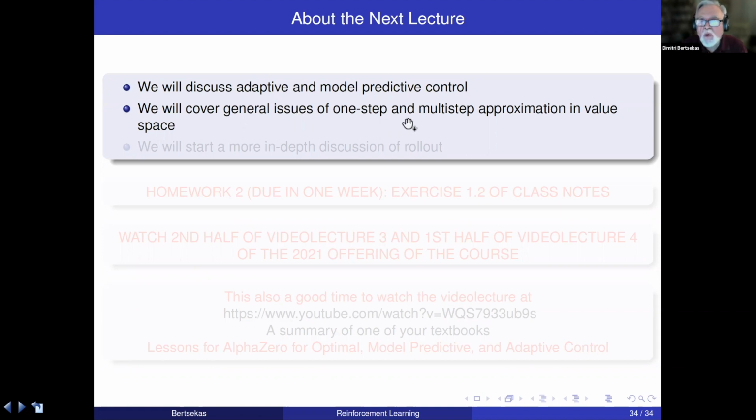Now we're going to go to more general problems involving finite and infinite horizon. And we're going to give visualizations similar to the Newton visualizations that we gave in this lecture, but for more general Bellman operations, more general Bellman equations. And we are going to go into a more in-depth discussion of rollout, starting with deterministic problems, and discuss various variants and some of the properties of the variants.